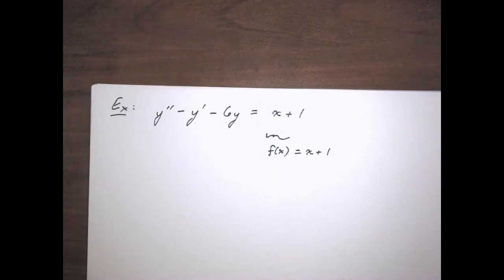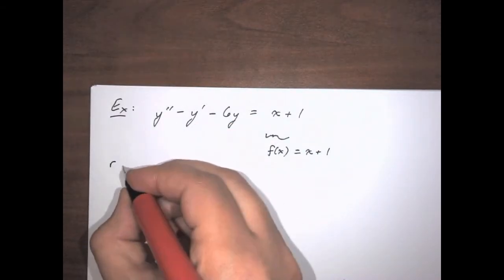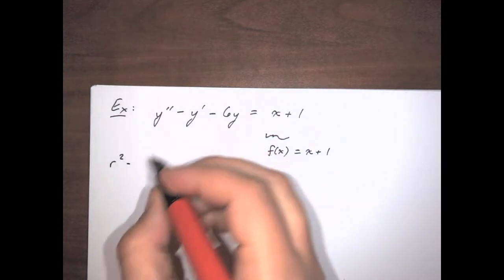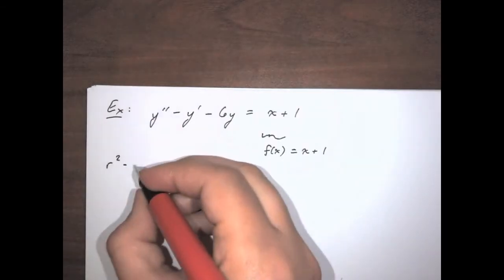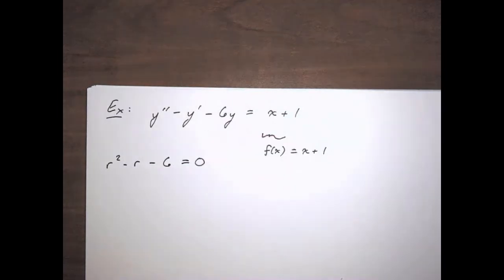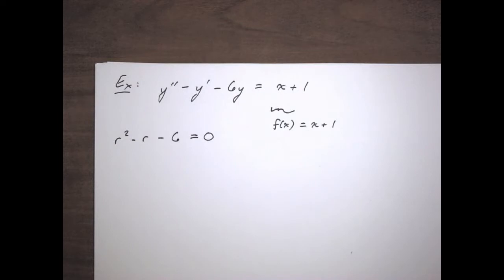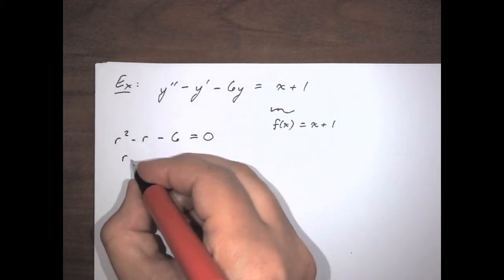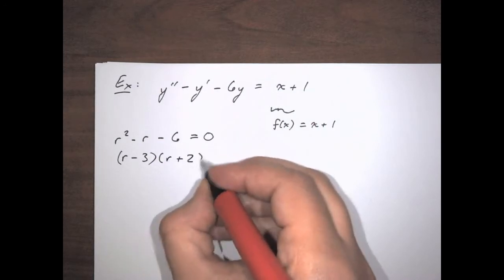Okay, well, first off, what we're going to need to do over here is set up the characteristic equation to find the corresponding values for the r, and then that'll give us the complementary solution. So this corresponds with the characteristic equation r squared minus r minus 6 equals 0, which we can factor into r minus 3 times r plus 2 equals 0.